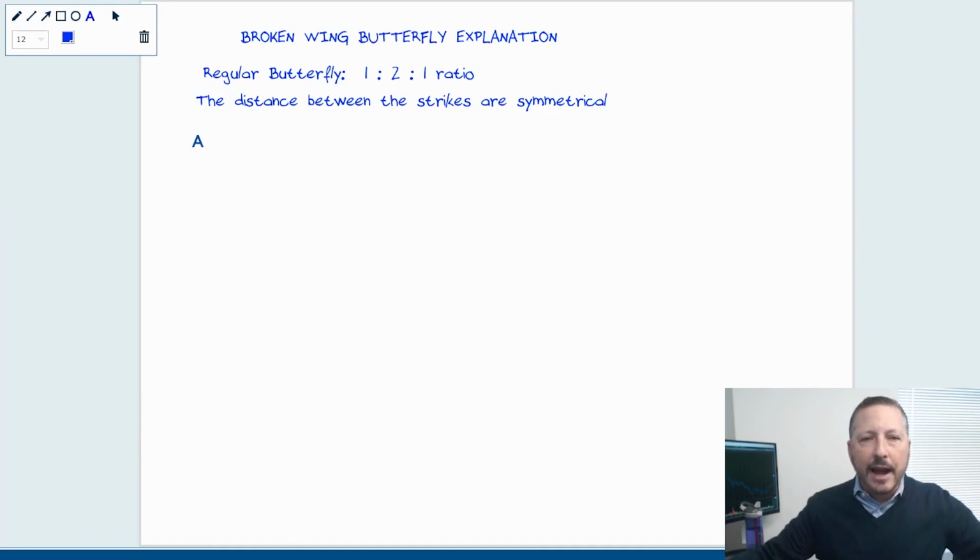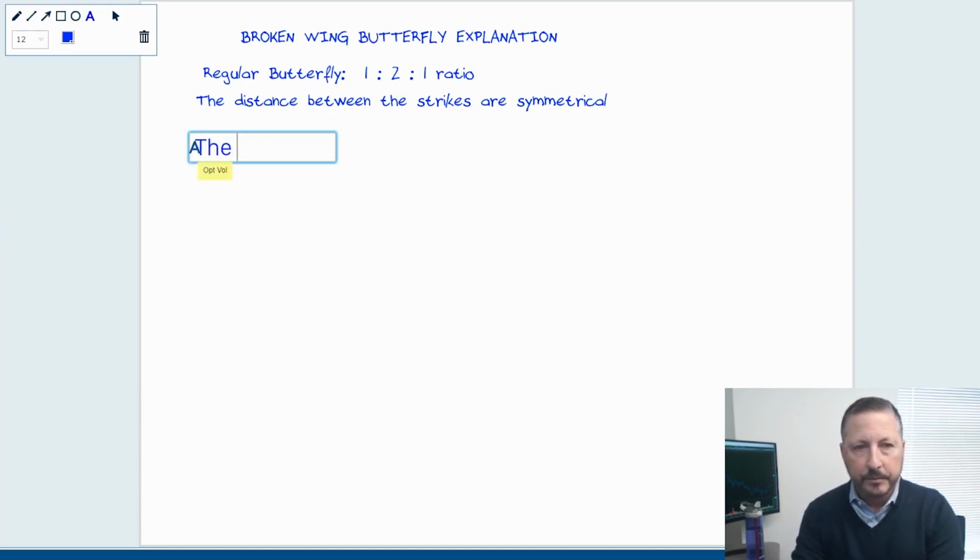So the wings on the outside, the guts in the middle. The wings on a regular butterfly are equidistant from the guts, from the middle. But in a broken wing, the wings are not symmetrical.